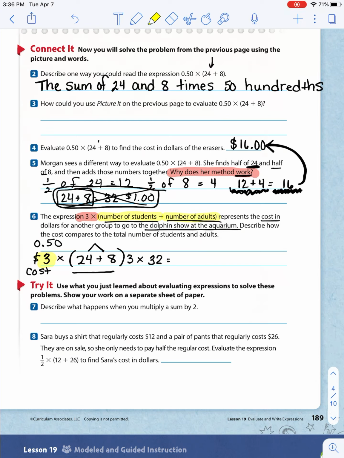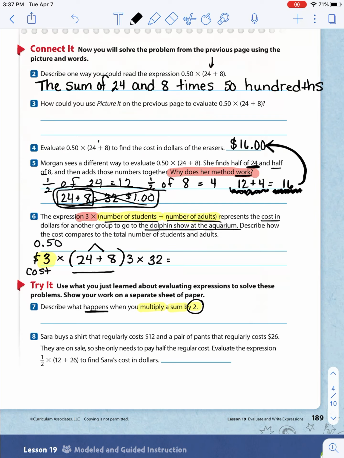Think about that. What happens when you multiply a sum by 2? You're going to have a hard time answering this one if you can't put it into a real situation. So you have to actually make up some numbers that will really help you understand it, because it doesn't want to know an answer. It wants you to describe what would happen if you do this.